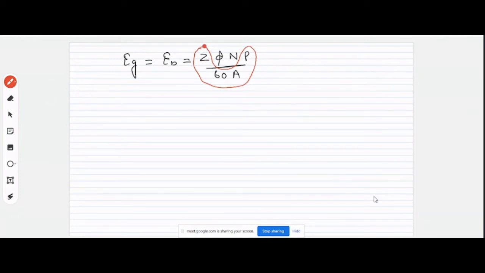We cannot alter the number of conductors on the armature, the number of poles, or the type of armature winding. So they become constant, and we can write that EG or EB is equal to some constant K, or K phi N.